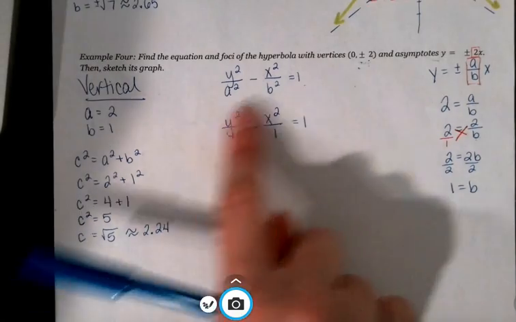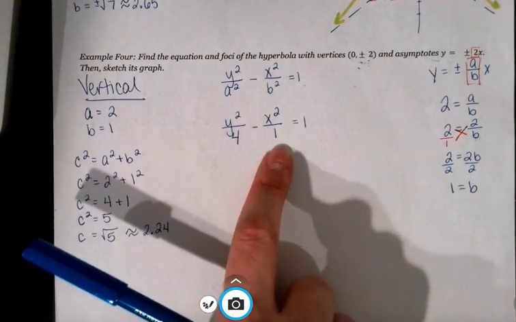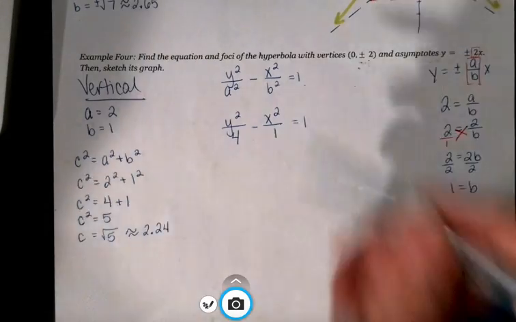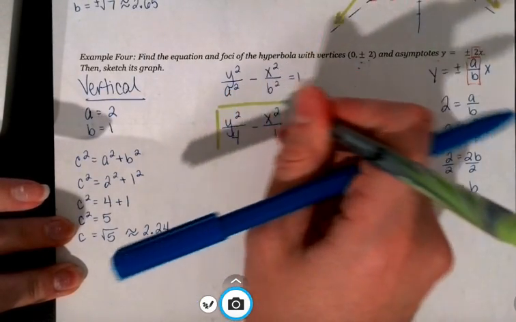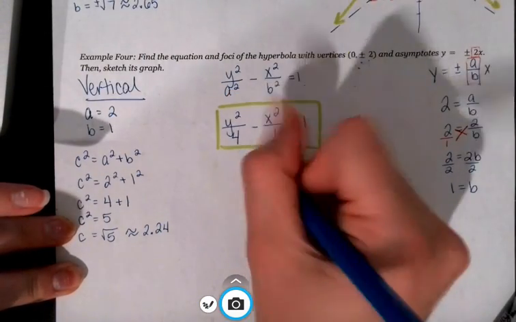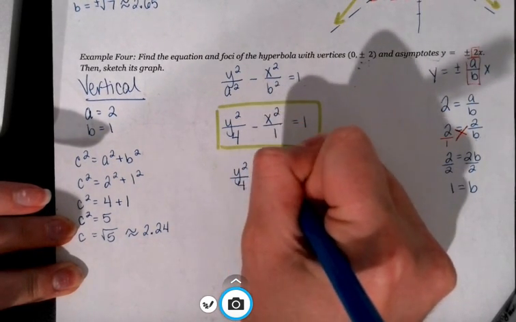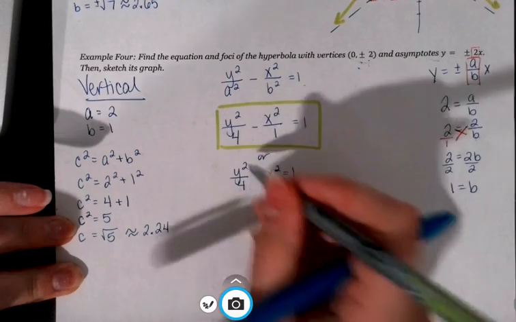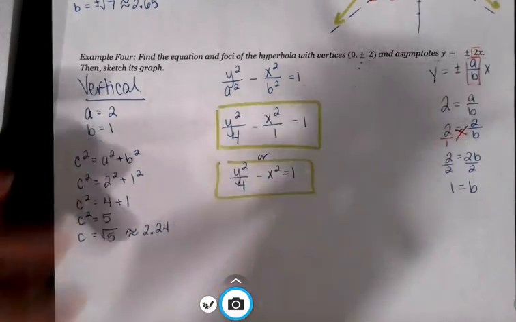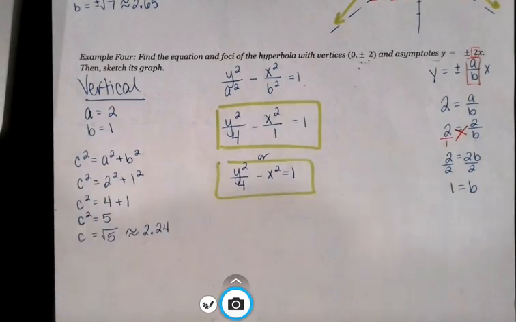So I can leave it like this, or if you just want to write it as x squared, since x squared over 1 is still x squared, either is fine. I'll include both here, whatever you are comfortable with. I just don't think that the second one looks like a hyperbola, but whatever you prefer.